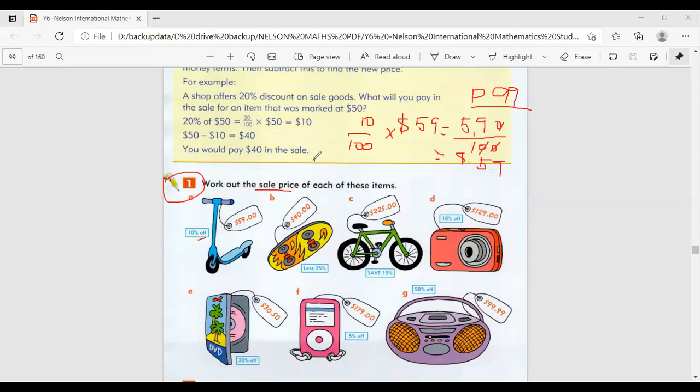What is the next thing you have to do? You're going to subtract 59 minus 5.9. Right?